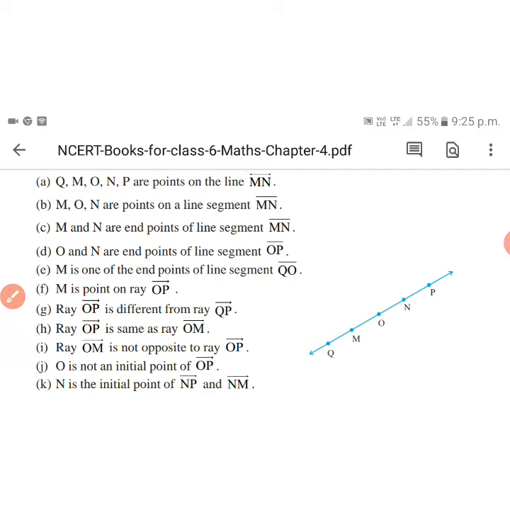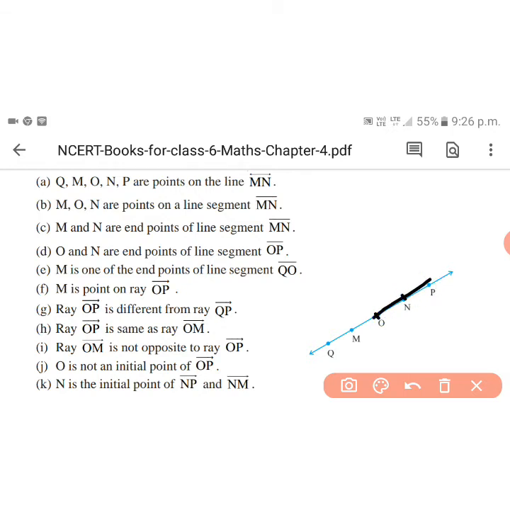C part: M and N are endpoints of line segment MN. The statement is true. D part: O and N are endpoints of line segment OP.